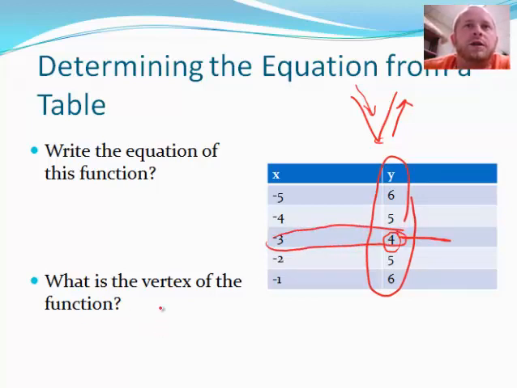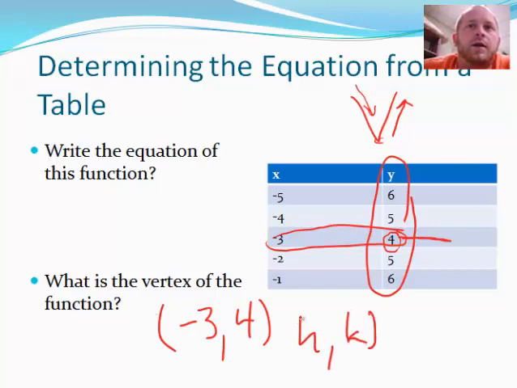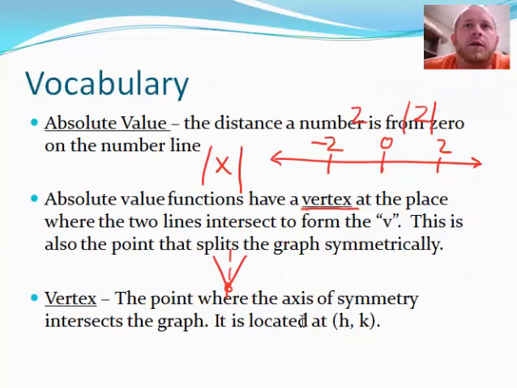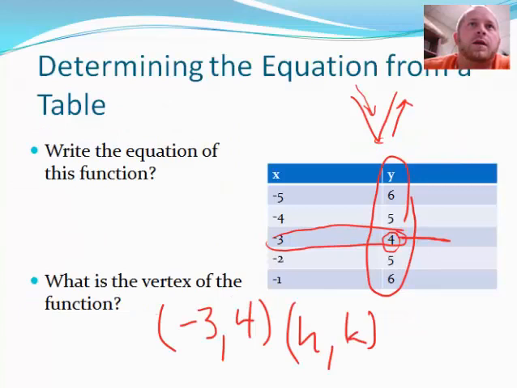Okay, so down here on this question it says, what is the vertex? You can write -3 and 4. Okay, that -3 and 4 also gives you your H and your K. Just like we said from the definitions over here, your vertex is your H and K. That's where it's going to be located. So, if this is my H and this is my K, I can create my function now out of that.